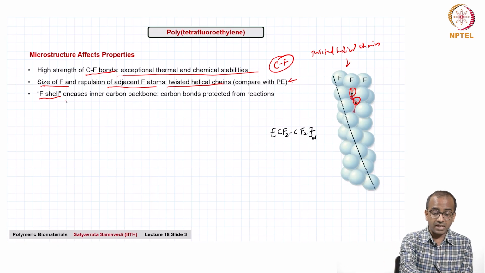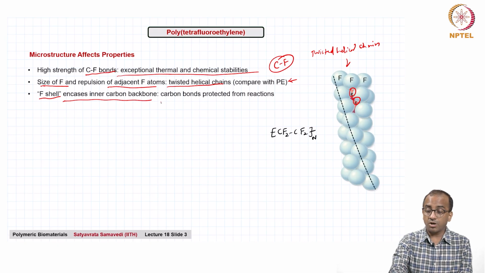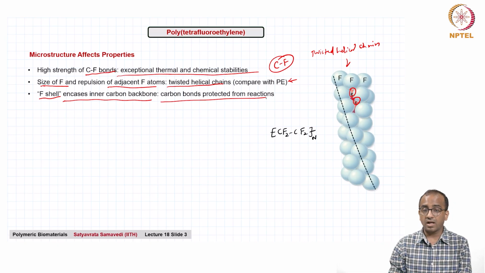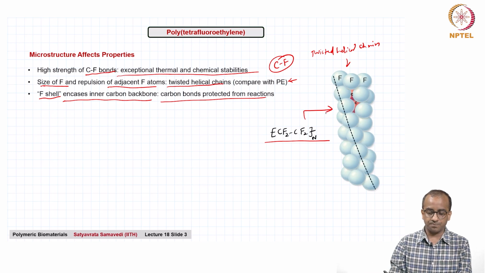So because of this encasing, the primary covalent bonds along the backbone are protected from reactions. So this is one of the reasons why PTFE is extremely stable. Of course, none of this is obvious when you simply draw the structure this way, which is one way to represent the structure, no doubt, but some of these are much better visualized when you draw the structure this way.